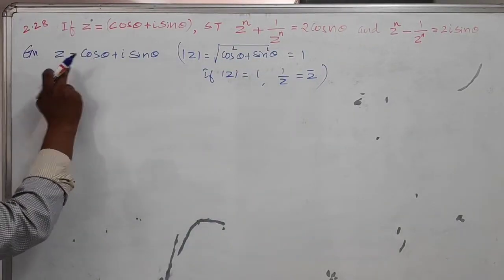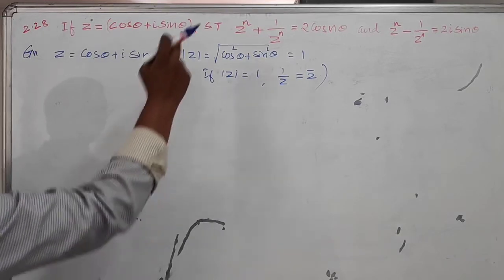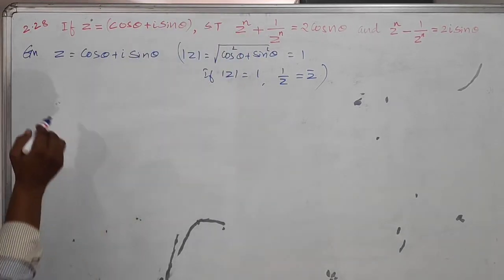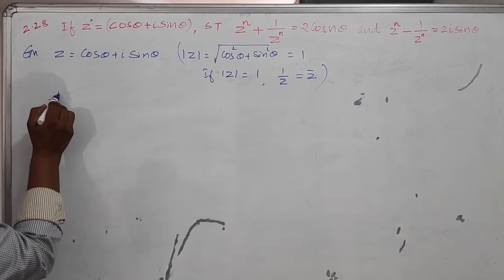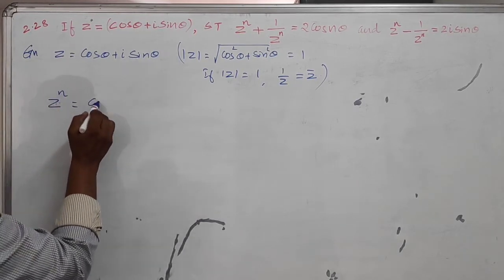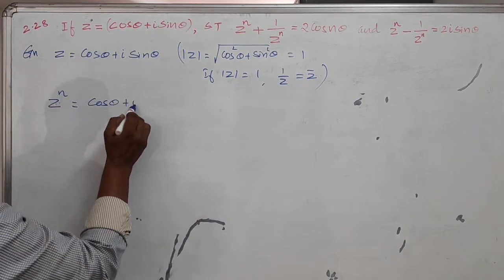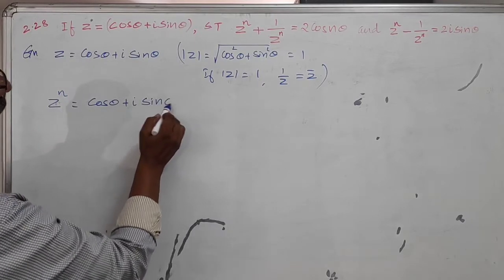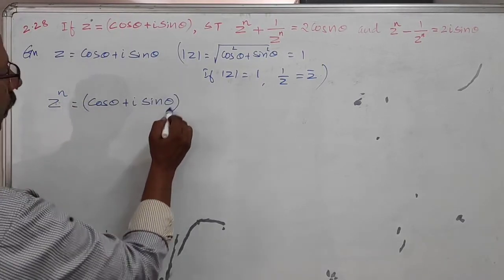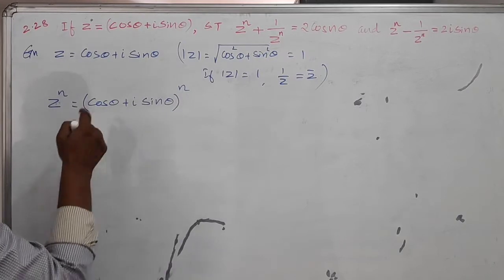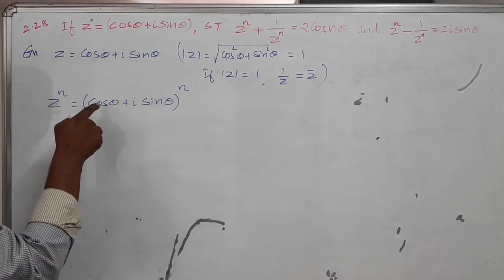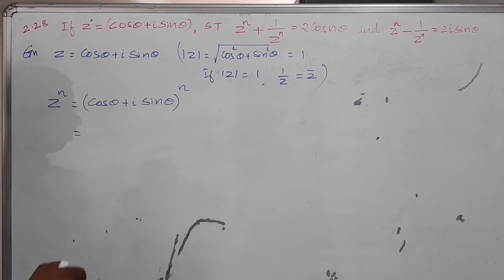Therefore, here z is equal to cos theta plus i sin theta. So we need to find what is z power n. We can write z power n is equal to cos theta plus i sin theta whole power n. See here, now it is in the standard polar form.